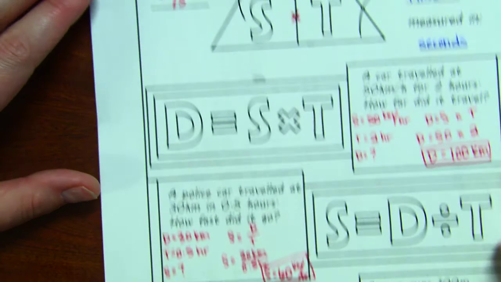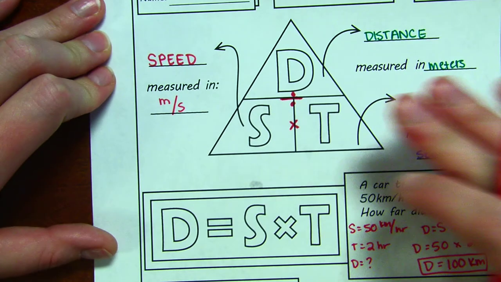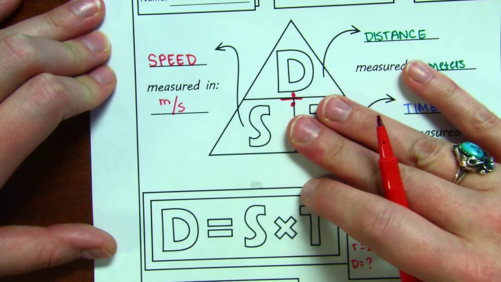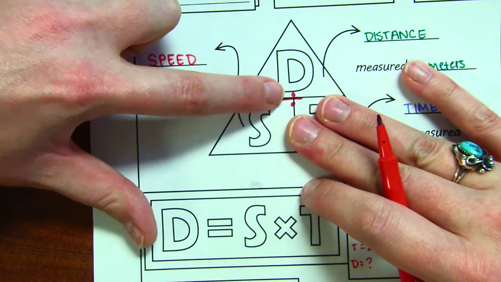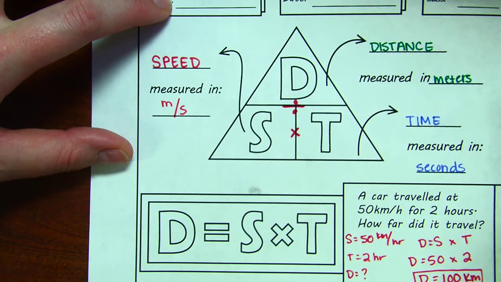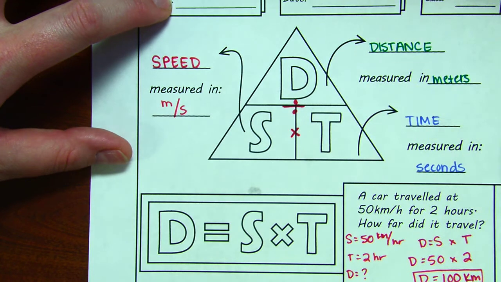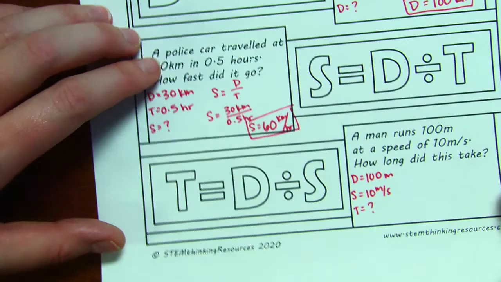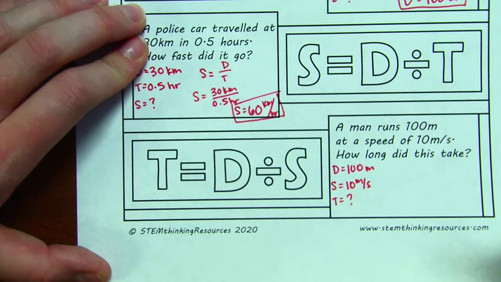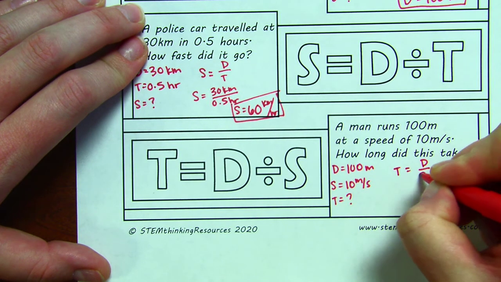So again, using your formula triangle, we're trying to solve for time, so you would cover that up, and then we have left distance divided by speed. So that's how you're going to use your formula triangle. Just memorize your triangle, and then you'll be able to solve for any of these. All right, back down to our problem here. We map out time is distance divided by speed.